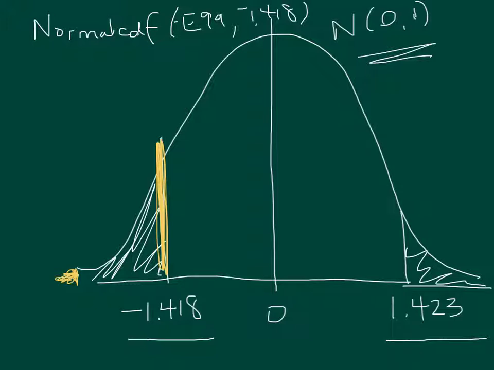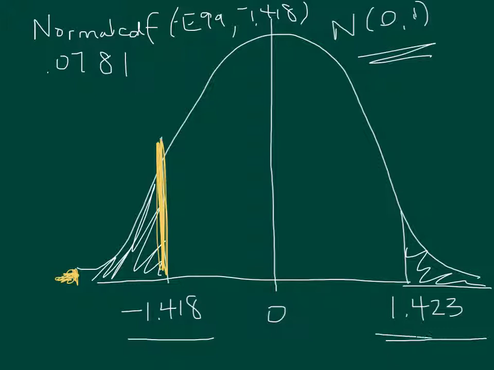So if I say E99, it's basically infinity. Negative E99 is basically negative infinity. So the way you would do that is second and then that comma key to get the E and then 99. So when you put all this in your calculator, you get 0.07809, so 0.0781.